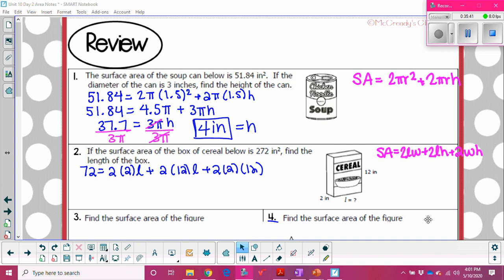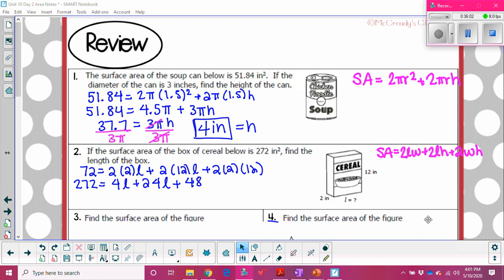Okay, so looking at this, I'm just going to evaluate a little bit. I'm going to simplify. So I have 272 equals 4L plus 24L plus 48. Okay, I'm going to go ahead and subtract 48 from both sides, and I'm going to add 4L plus 24L, which is 28L.